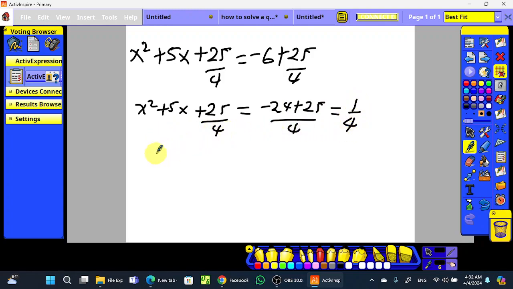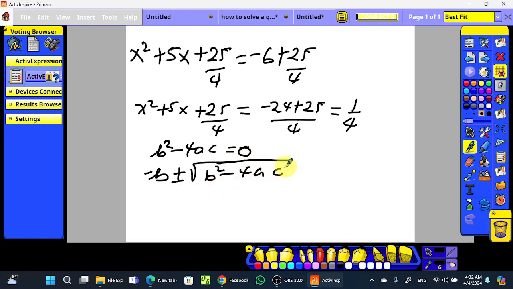But remember, b squared minus 4ac is equal to 0. What is going to be the solution of this? The quadratic formula, remember: minus b plus or minus the square root of b squared minus 4ac, over 2a.